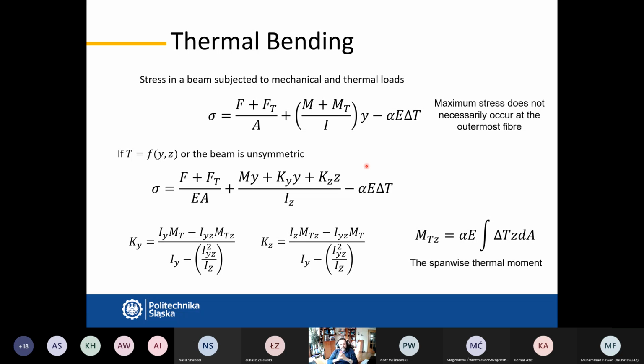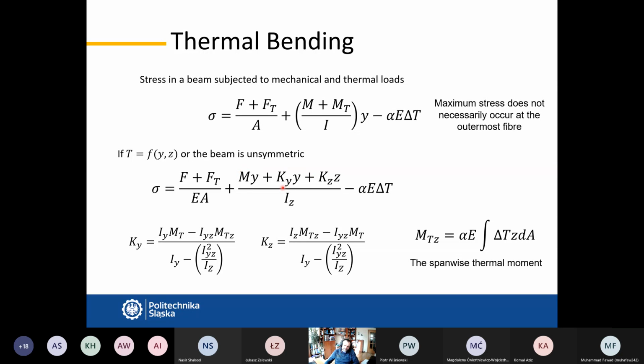If T would be a function of both lateral directions, so let's say height and the width of the beam, or the beam would be unsymmetric, the stress would be slightly more complex to determine, so it requires two-dimensional analysis, and the stress can be expressed in a similar form, but here we have the mechanical part.